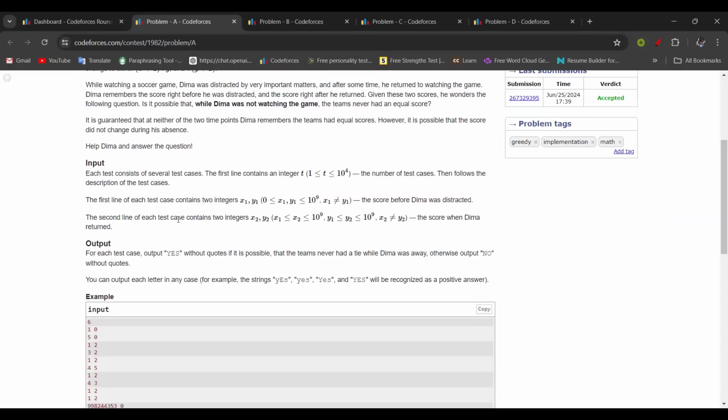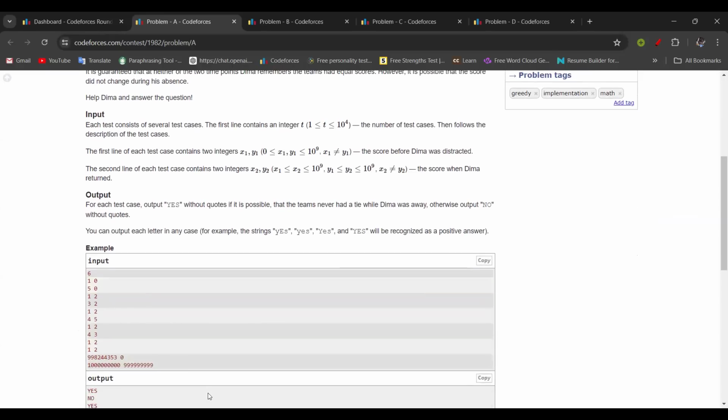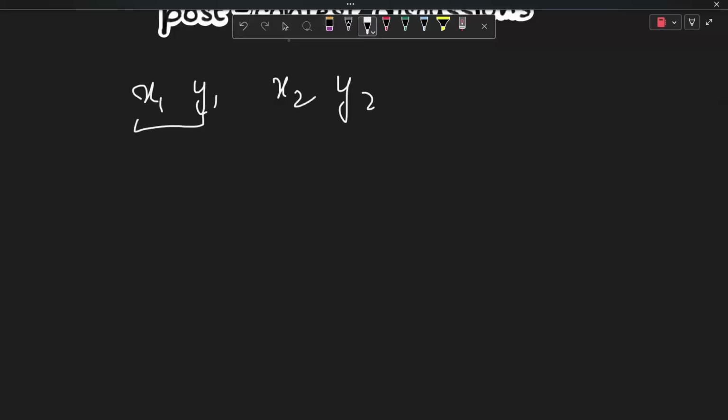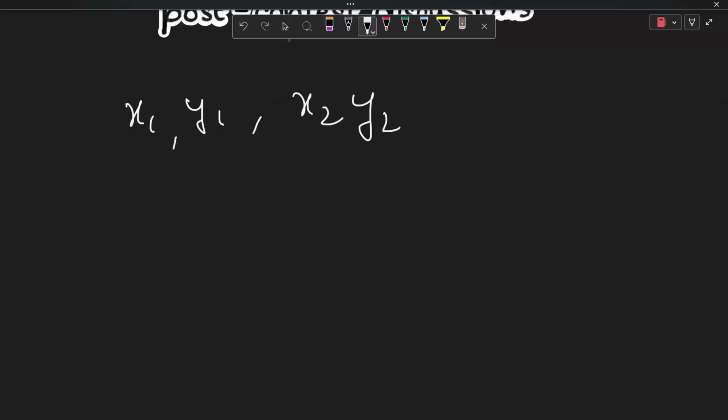Otherwise, you have to print no. You are given four integers: x1, y1, x2, y2.